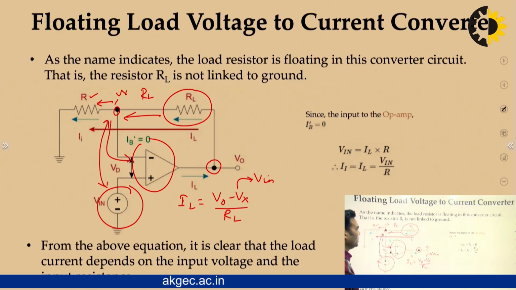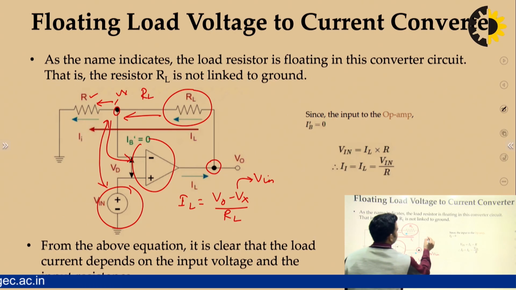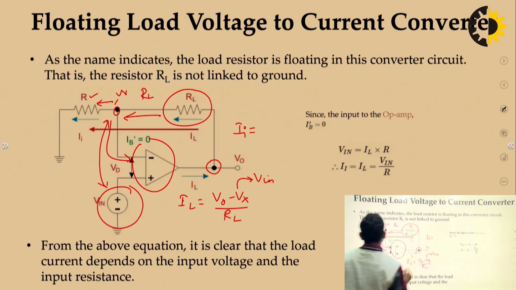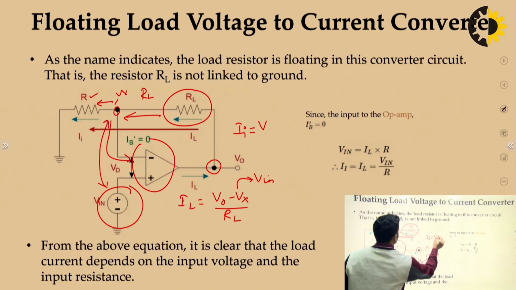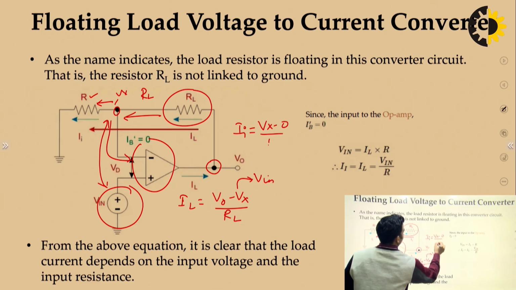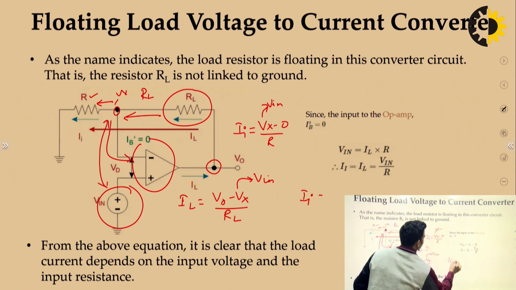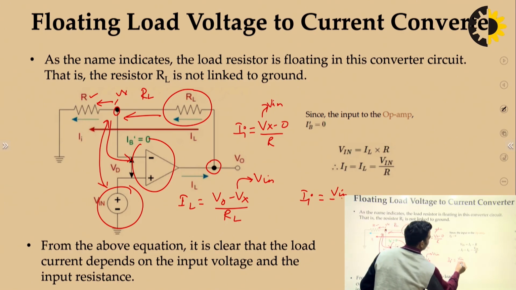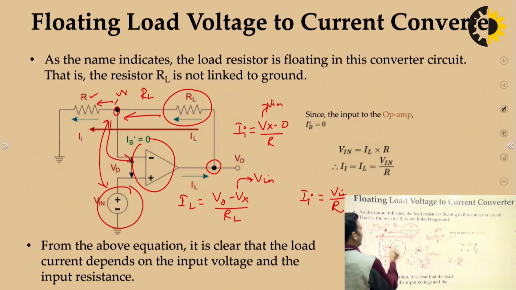So if I talk about this current Ii, it will be equal to what? V in minus 0 upon R. That means Vx minus 0 upon R, and Vx is nothing but V in. So Ii is equal to V in by R, and Ii is equal to IL.